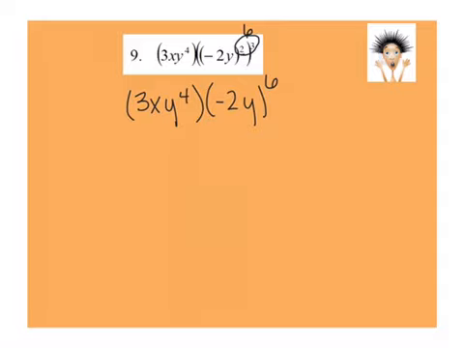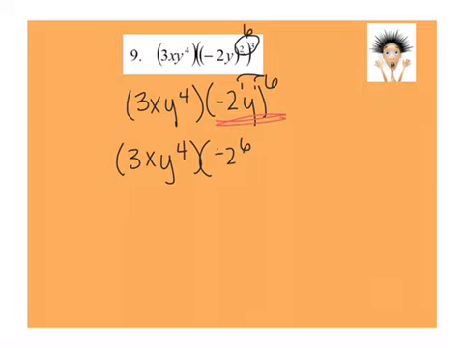So I want to work on my outermost number first. So I'm going to work on this first. I have that 6 going to each thing inside. So I'm going to end up with 3xy to the 4th times negative 2 to the 6th y to the 6th.